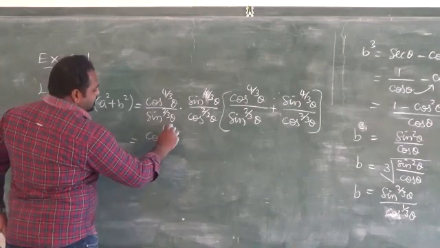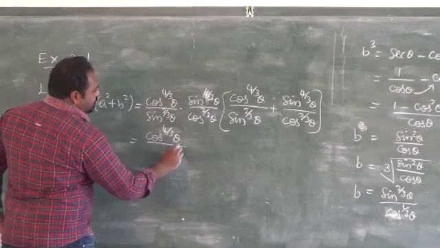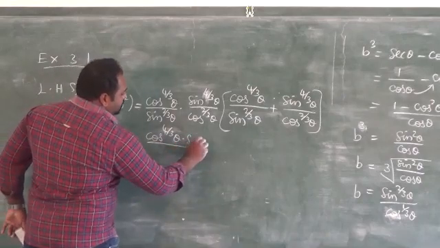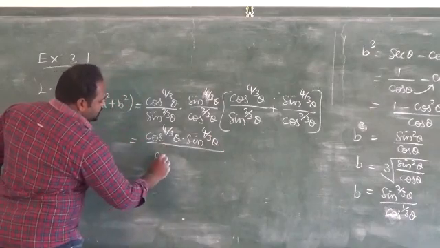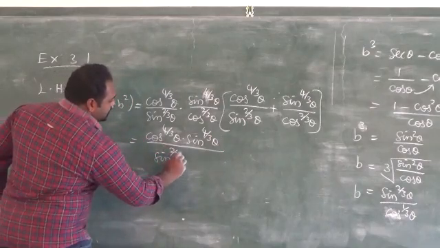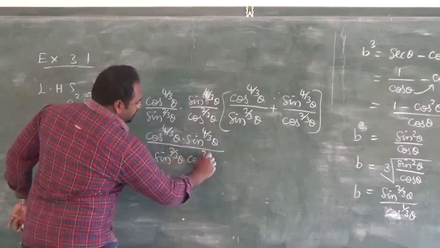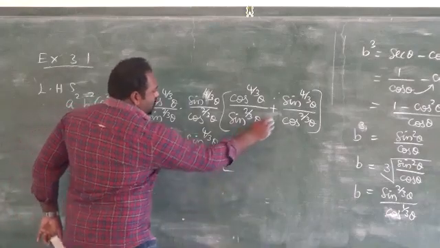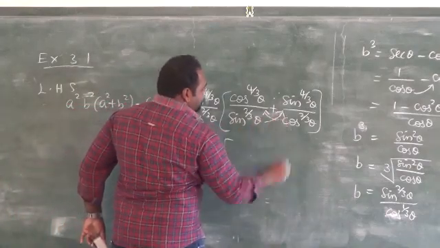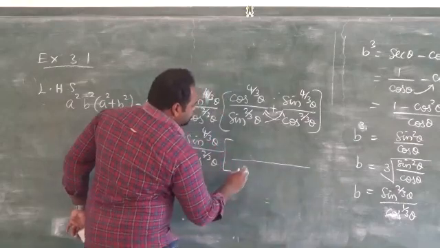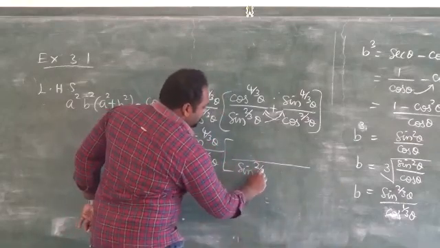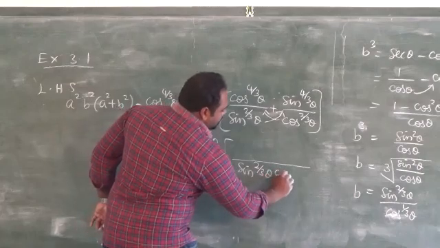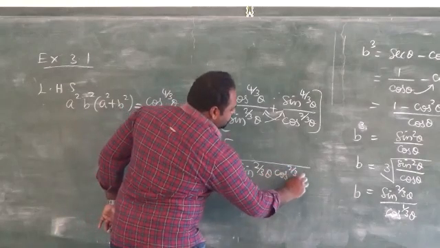You just keep it as it is, sin 4 by 3 theta, whole divided by sin 2 by 3 theta cos 2 by 3 theta. Just cross multiply to take the LCM here. Here the LCM is sin 2 by 3 theta cos 2 by 3 theta.